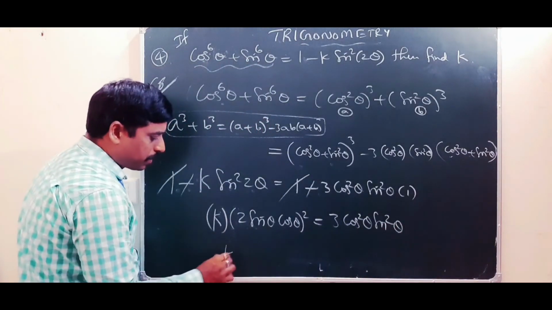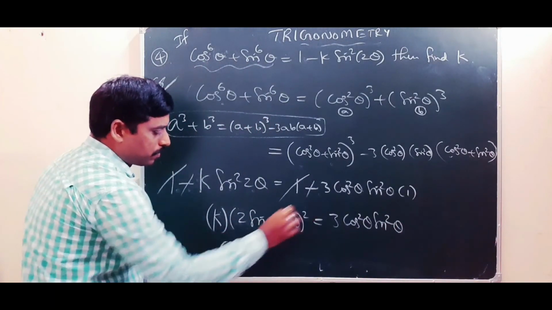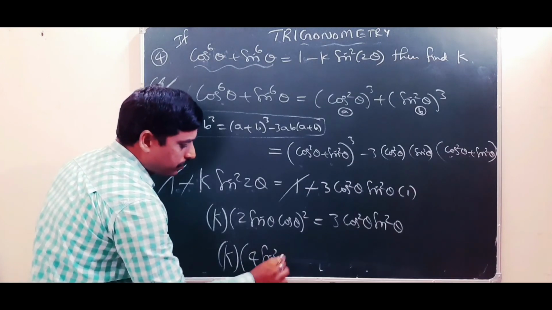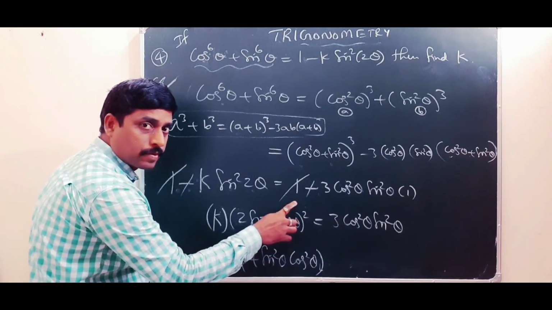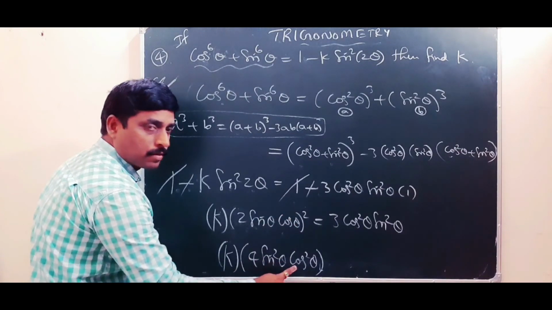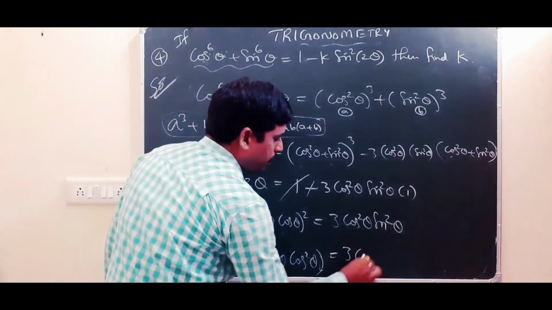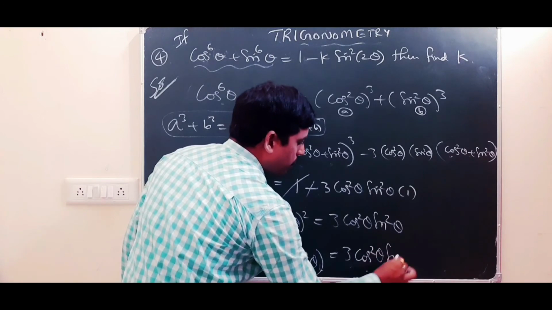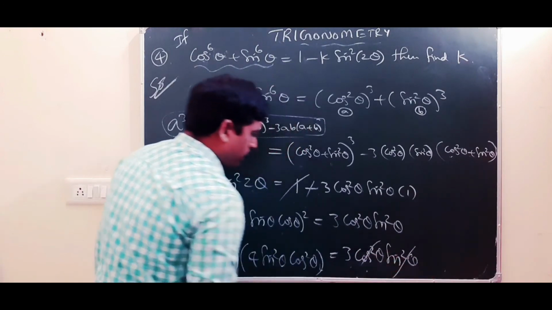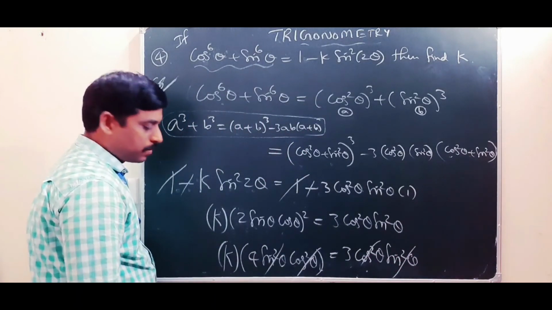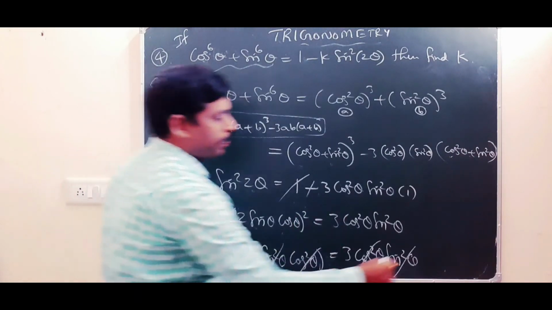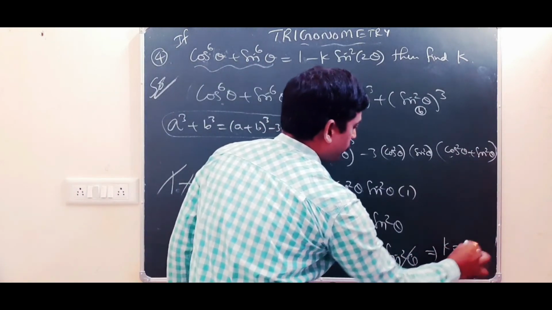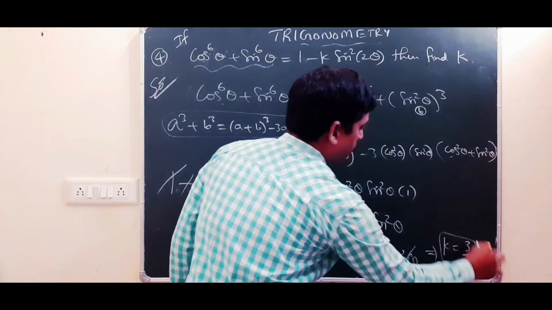So this will be k times 4 sin² θ cos² θ, which equals 3 cos² θ sin² θ. On both sides sin² θ cos² θ get cancelled. 4k is equal to 3, so k is equal to 3/4. The answer is 3/4.